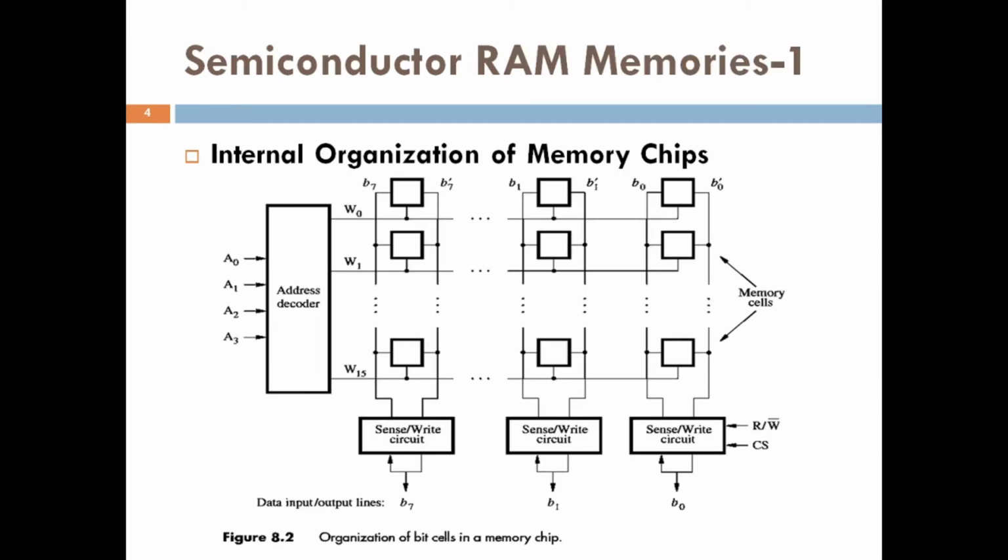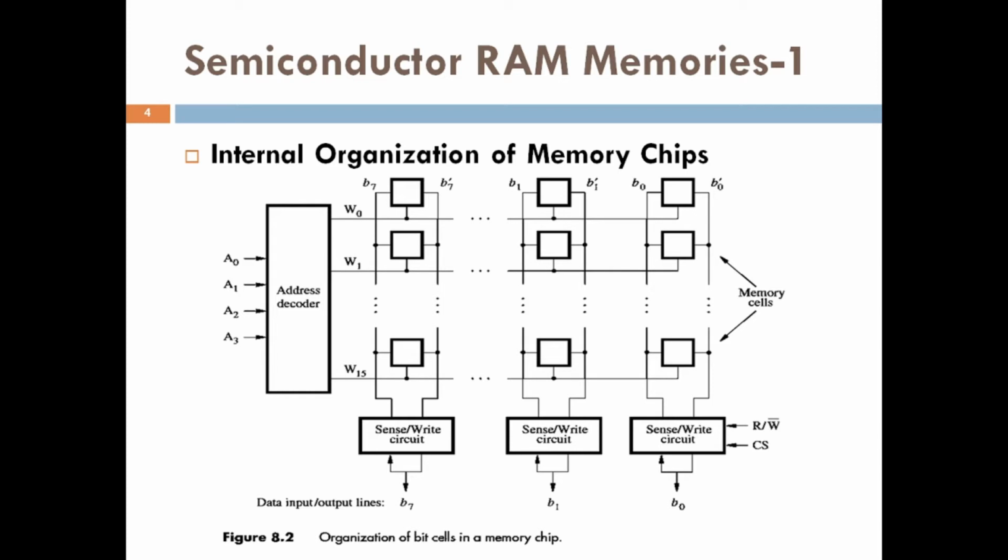So in today's class, let me discuss the semiconductor RAM memories. The concept is again very important here. As you know, semiconductor memories are available in a wide range of speeds.